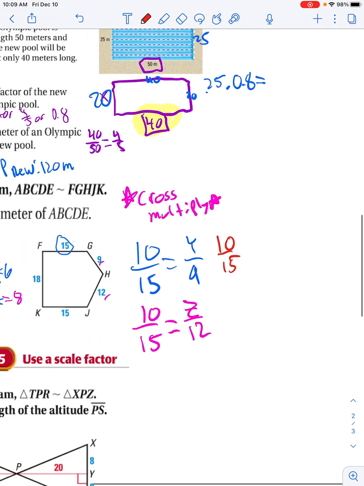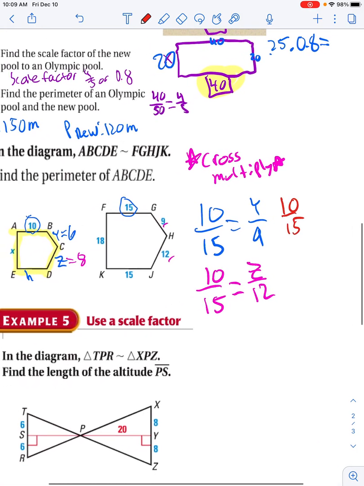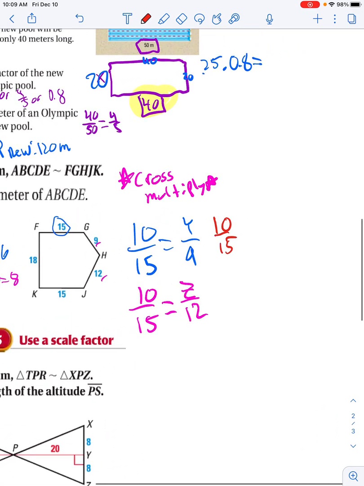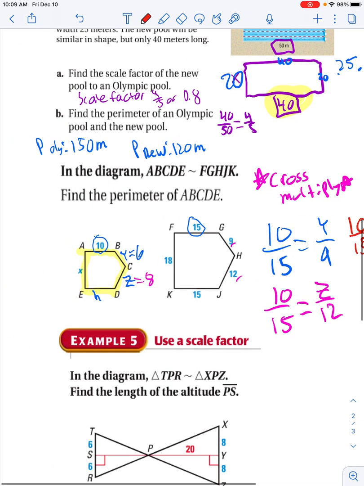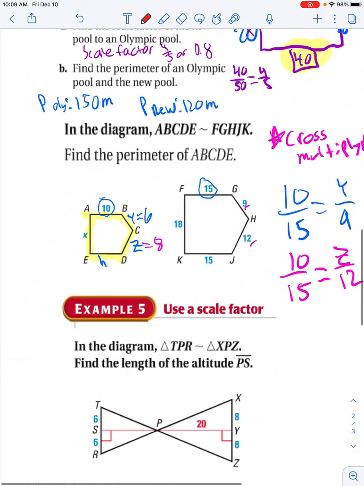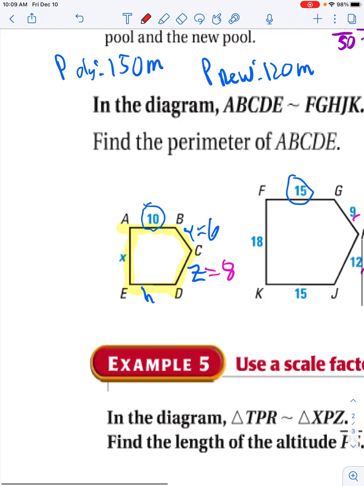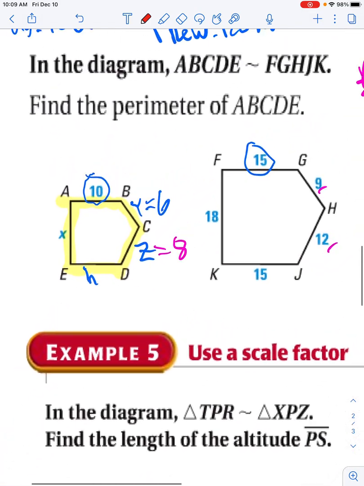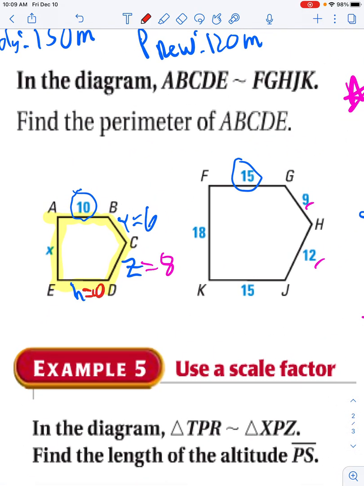Different color. 10 over 15 equals H over 15. Okay, well, that's okay. I don't even need to do this. If this side's 15 and this side's 15 and this side is 10, this side also has to be 10.